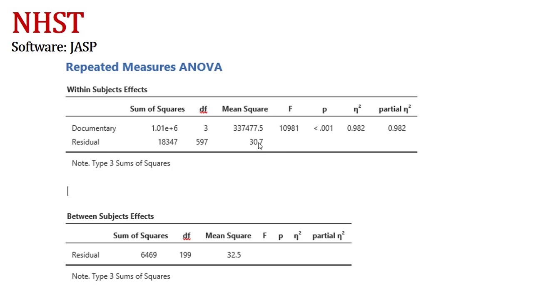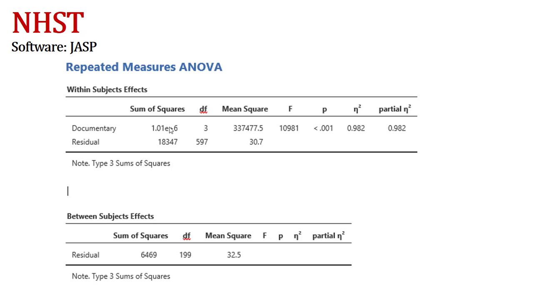So if you divide by a smaller number, the F score will be higher, and the higher the F score, the more likely the differences will not come from a population in which the null hypothesis is true. So that's another advantage of the repeated measures analysis. So that's my recommendation. Whenever you can, use within subjects design.